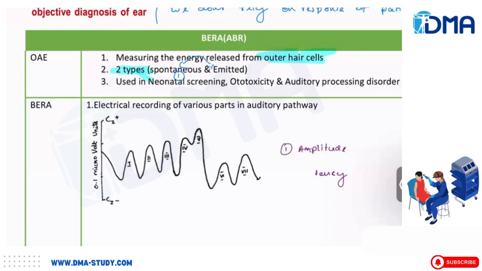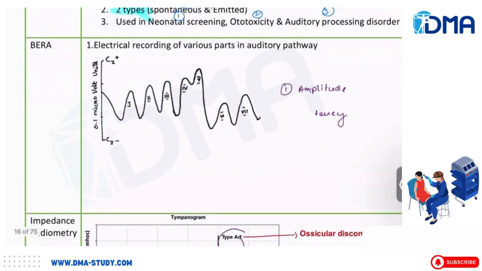The second use is for ototoxicity. The third is auditory neuropathy spectrum disorders. For these diseases also you could do an OAE exam. So the second important test is BERA, very important.